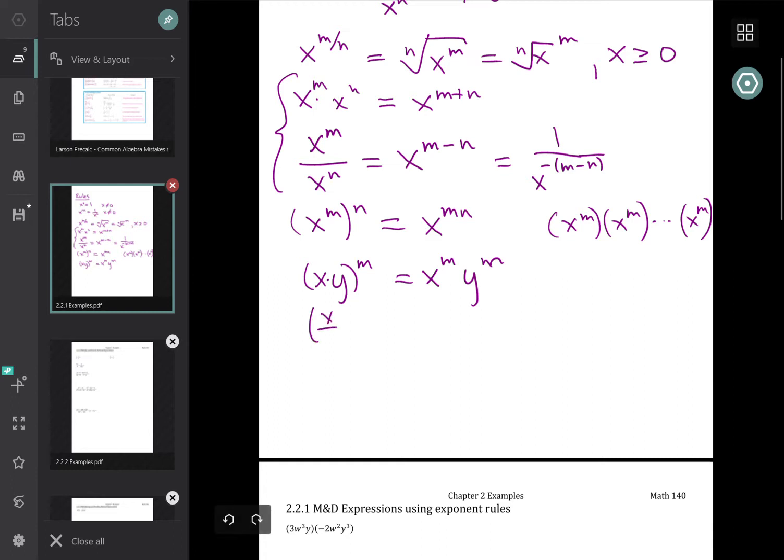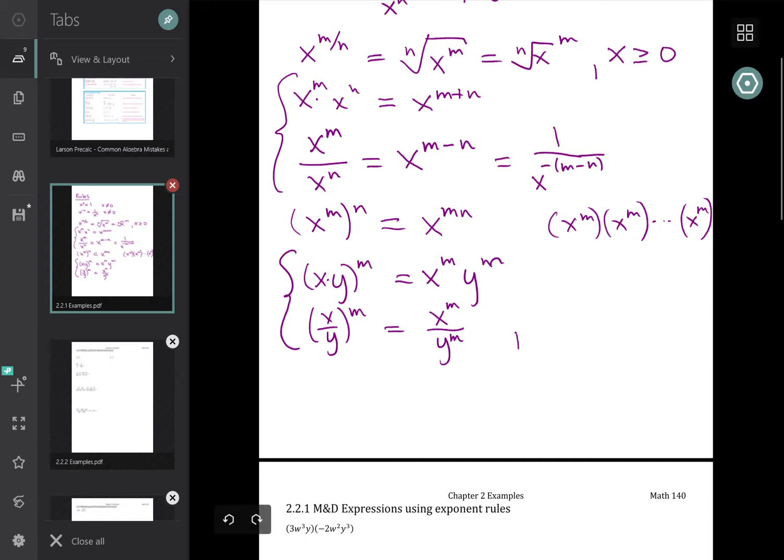You don't really have to memorize these pairs separately. They really are the same rule, just written a little differently. If you have x over y and you multiply it by itself m times, then in the top you'll have m x's, and in the bottom you'll have m y's.